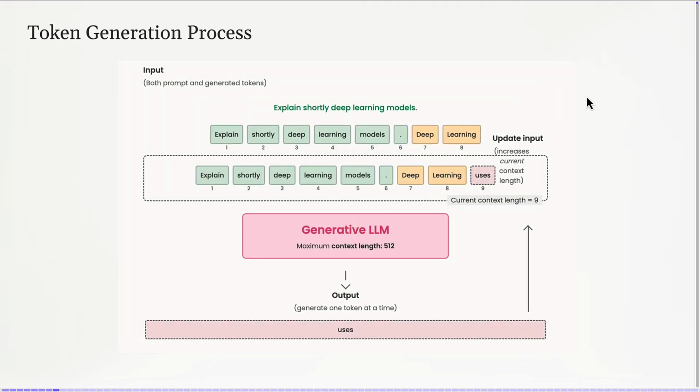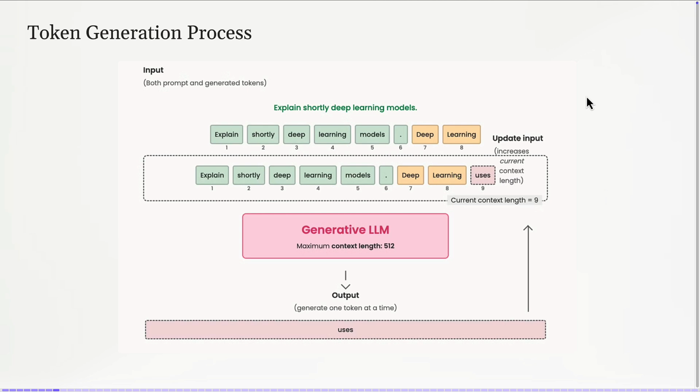Okay, so looking at the generation process, how do we generate tokens? Does everything I'm saying make sense? If I go fast, please interrupt me and ask questions. So imagine that you have a question answering system. The model is going to start from these green tokens, "explain shortly deep learning model."